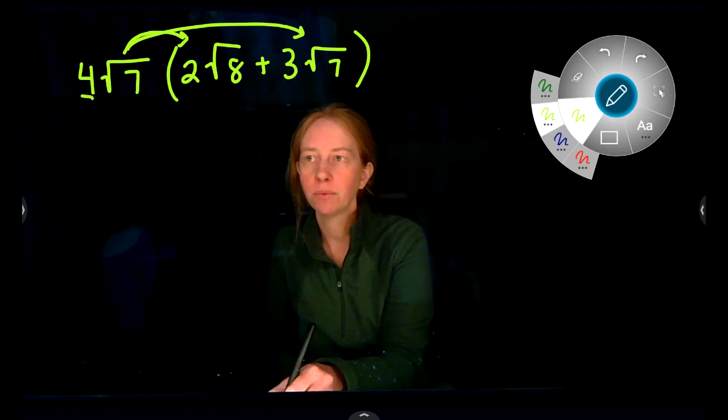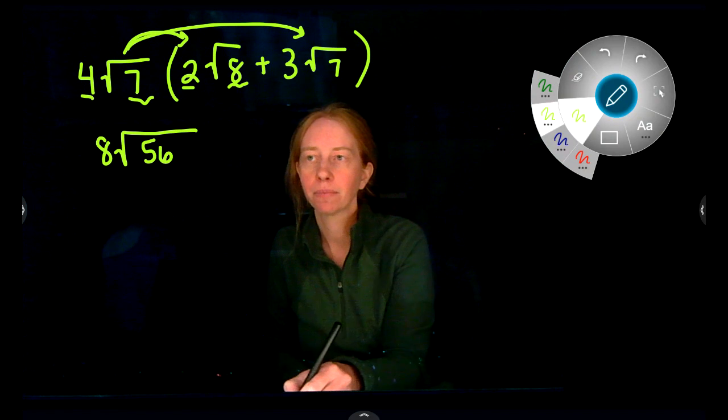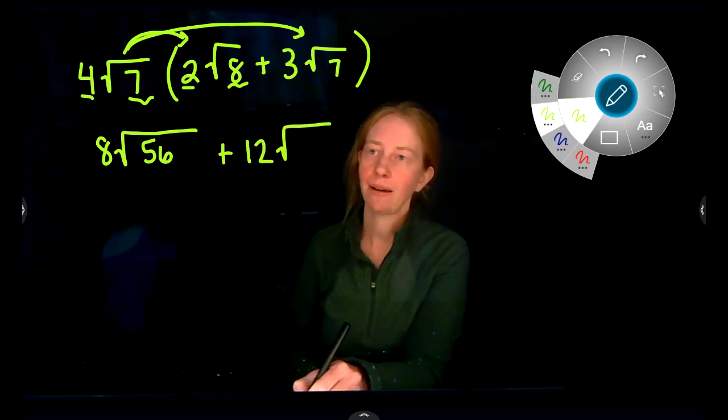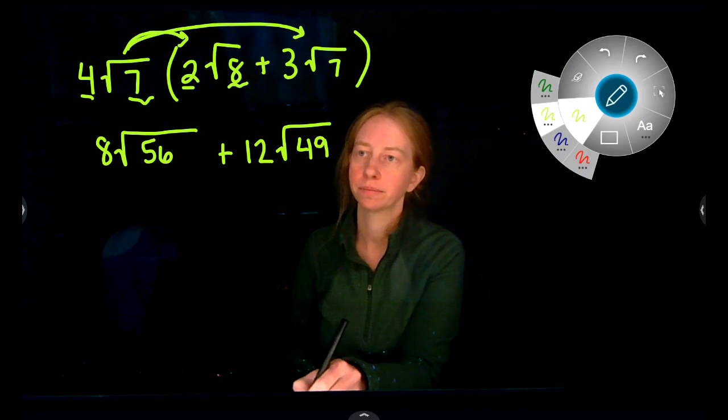Okay, so 4 times 2 is 8. 7 times 8 is 56. Okay, plus 4 times 3 is 12. 7 times 7 is 49.